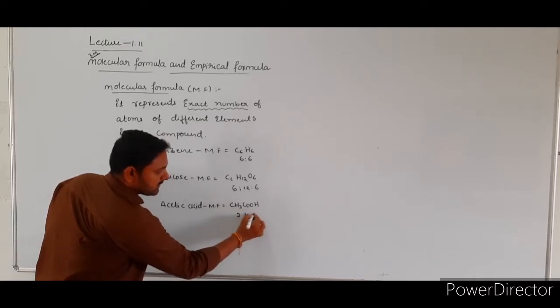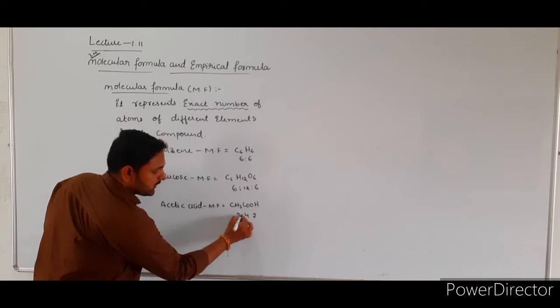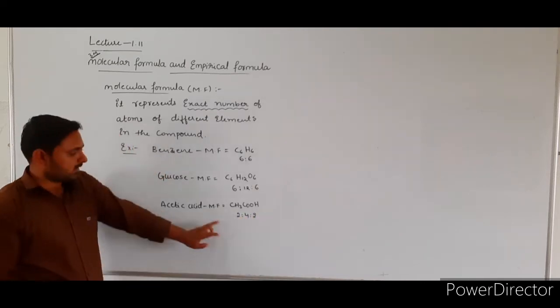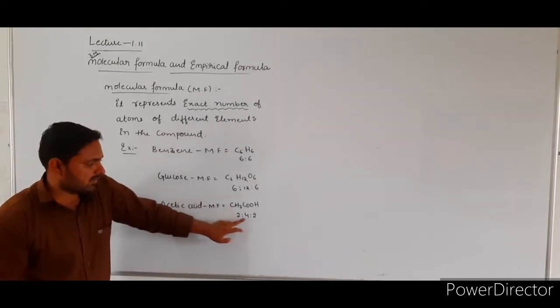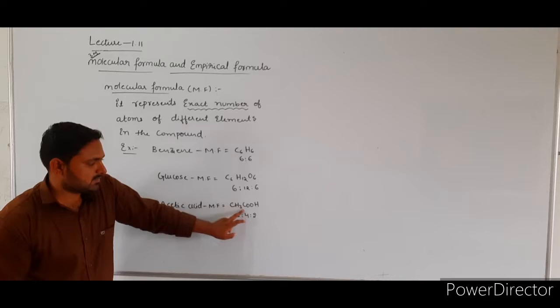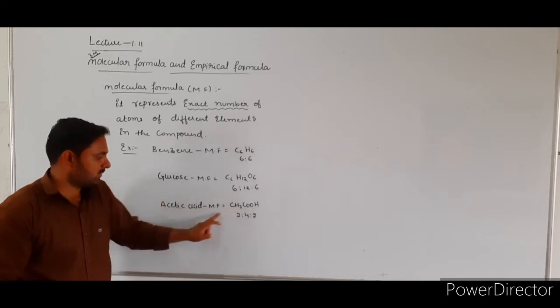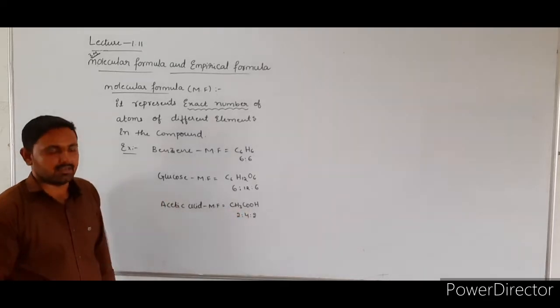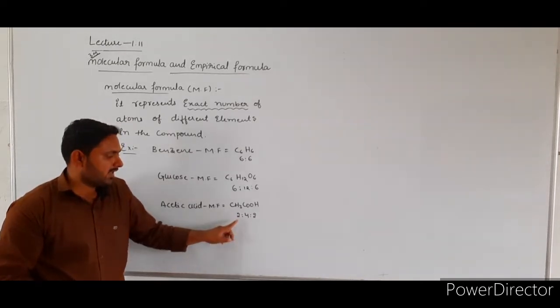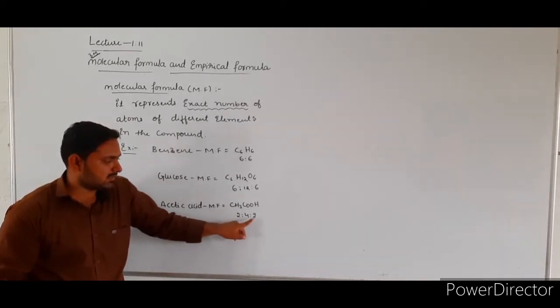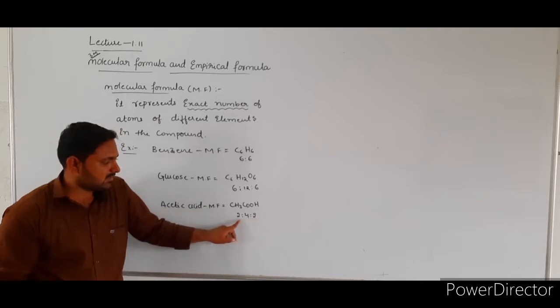How many oxygen atoms? 2. The ratio is 2:4:2. That means in acetic acid there are 2 carbon atoms, 4 hydrogen atoms and 2 oxygen atoms. This is the molecular formula. It represents the exact number of atoms of different elements in the compound.